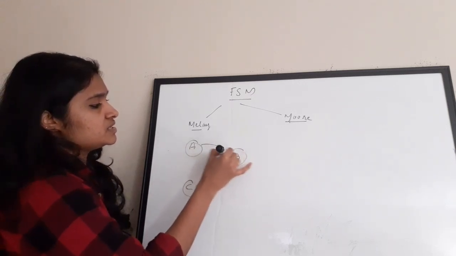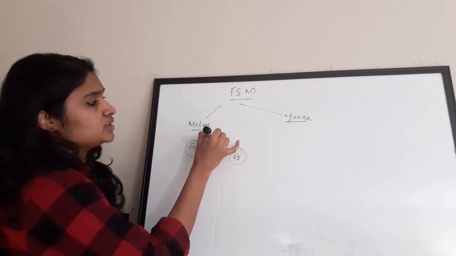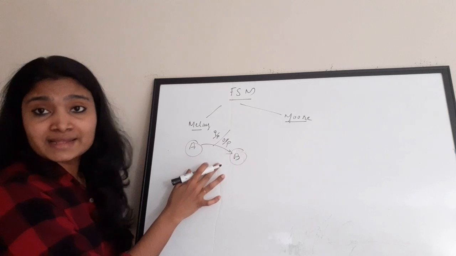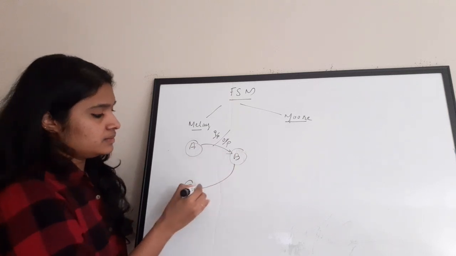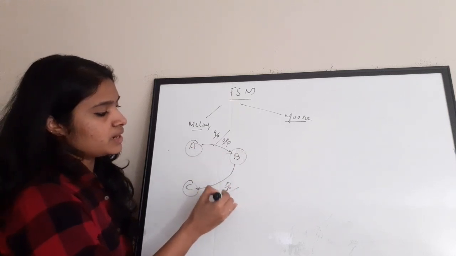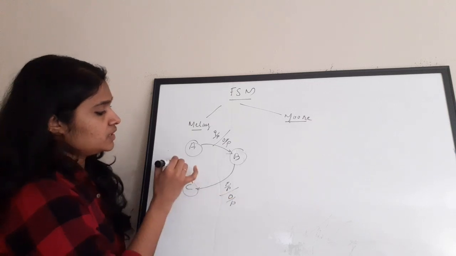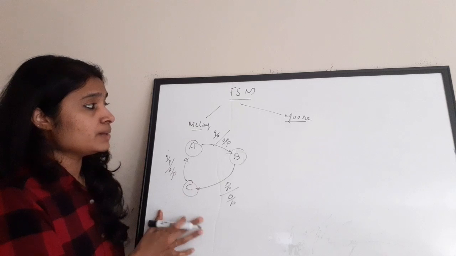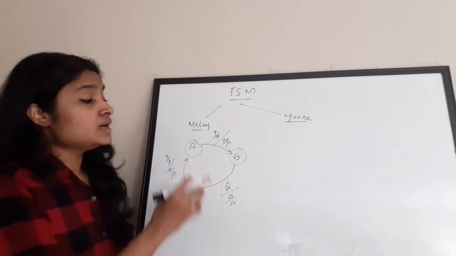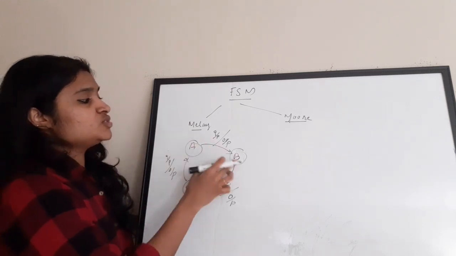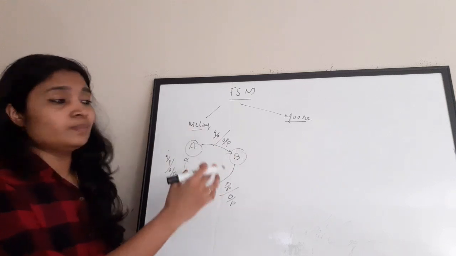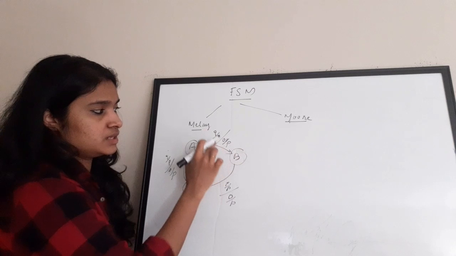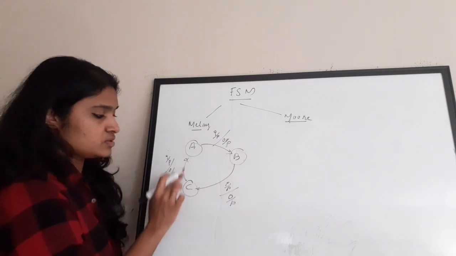You can represent a Mealy FSM as input/output. This is the representation in each branch, and here also input/output, here also input/output. So this is how a Mealy FSM is generally going to look. That means in each branch you are going to draw input/output. Here there is an output, here also there is an output.